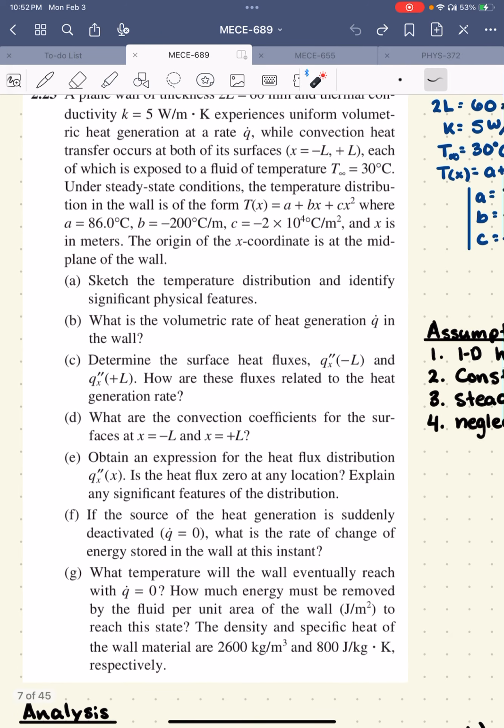The temperature distribution in the wall is given by this equation here, defining these parameters.